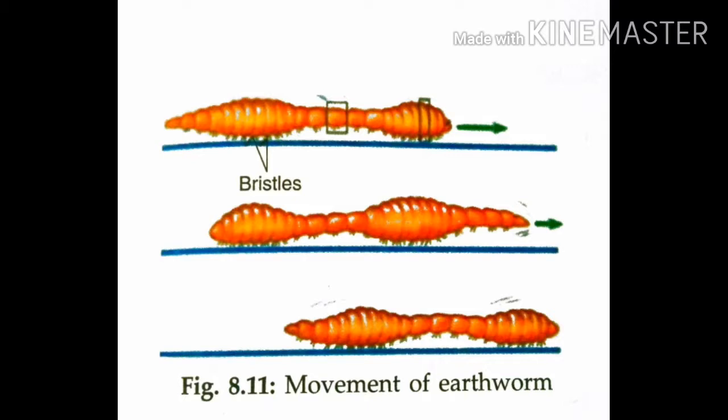The chaetae are present in almost all the segments of the earthworm's body. Segment means the ring-like structures of the earthworm.